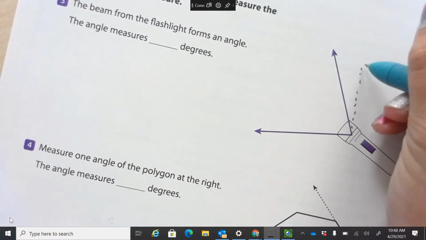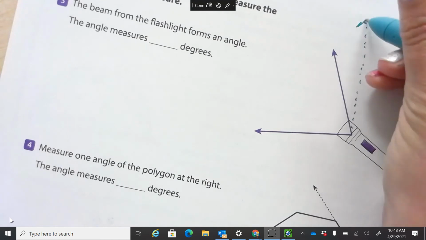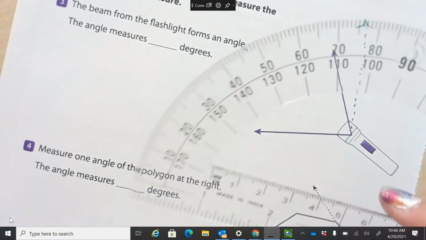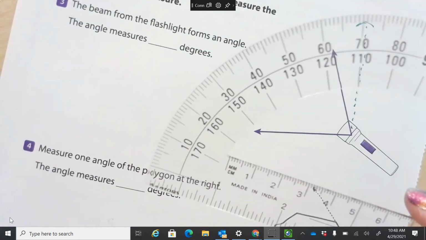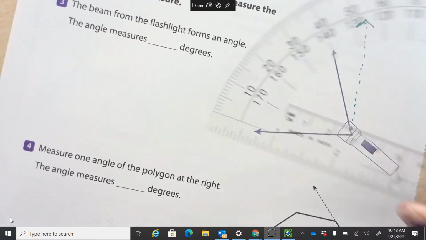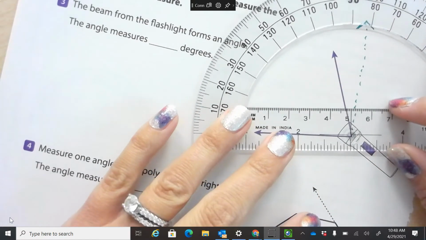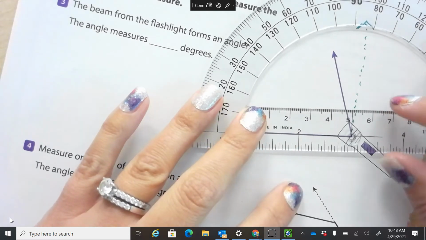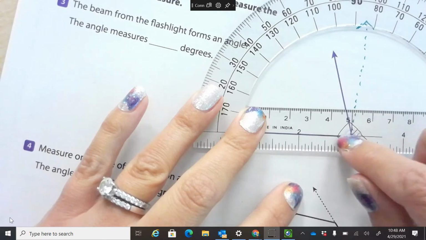Why is it an acute angle? Because it's less than 90 degrees. Okay, so we're gonna use our protractor. Before I even put my protractor down, I know that I'm looking for a number that is less than 90. So I put my protractor down. I need to line up my baseline, which is right here.